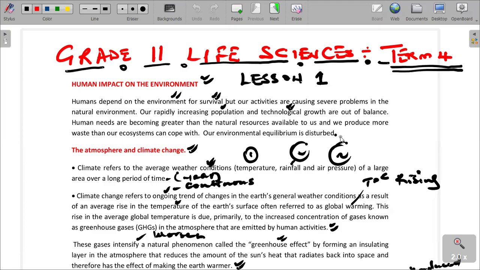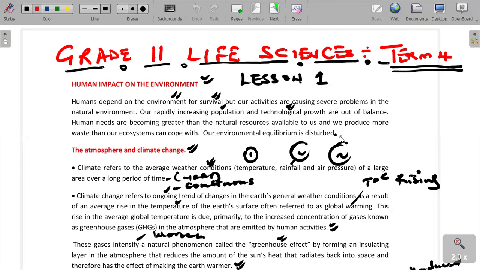Climate change refers to the ongoing, continuous trend of changes in the Earth's general weather conditions as a result of the average rise in temperatures of the Earth's crust, often referred to as global warming.